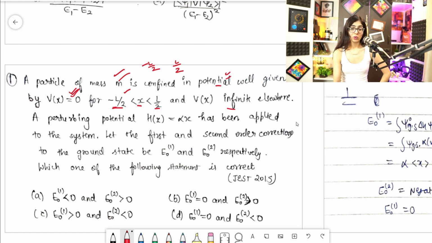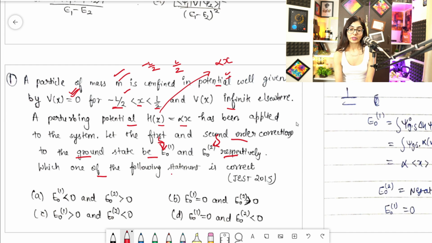Now a perturbing potential H'(x) equal to alpha x is given and applied to the system, so the system is perturbed. Let the first and second order corrections to the ground state be as given, respectively.